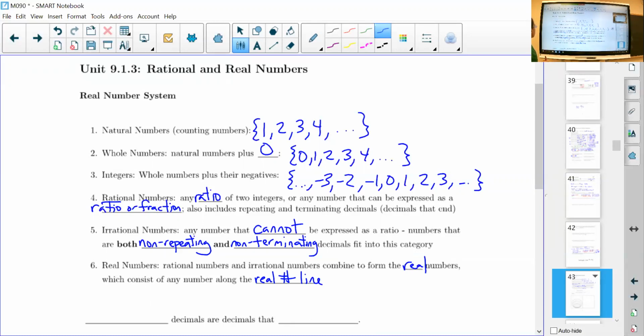Let's go ahead and get some symbols up here as well. The natural numbers. Notice I'm doing this is called a blackboard bold. So I put 2 lines, and then I write my N for natural. You can do the same thing with whole. And I do this just because it's a lot faster for me to write.